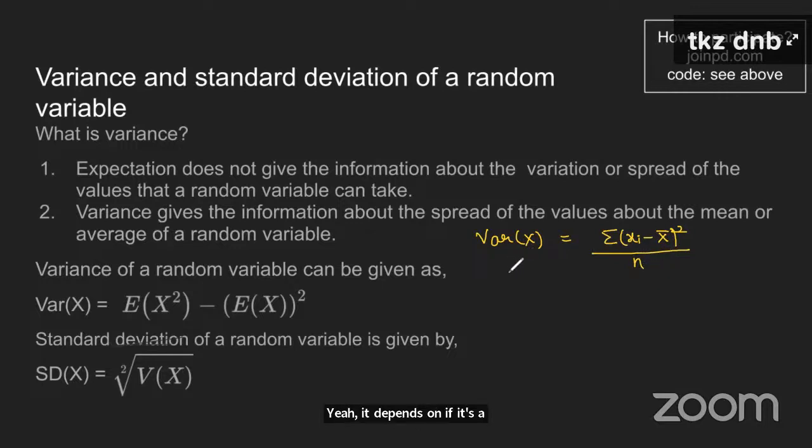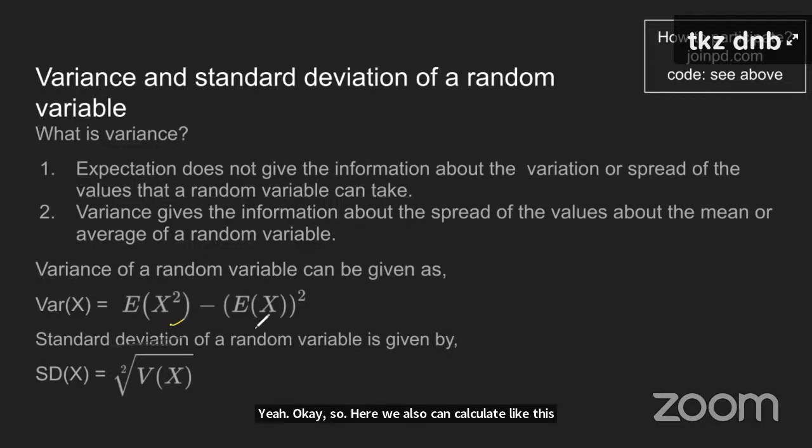Here x is a random variable, so we can calculate it as the expectation of x square minus the expectation of x, the whole square. This gives you how much the values of xi are deviating from the mean.